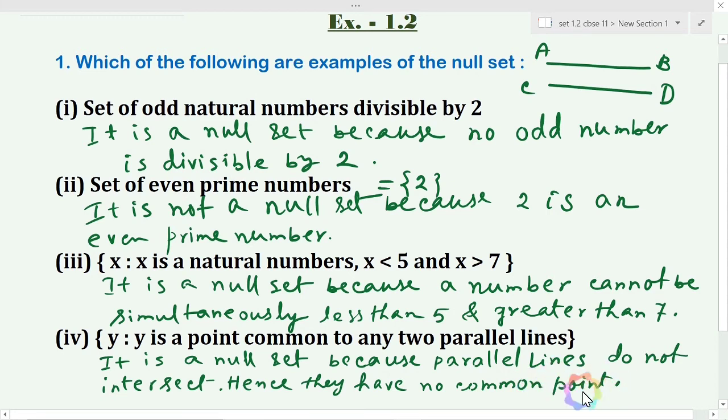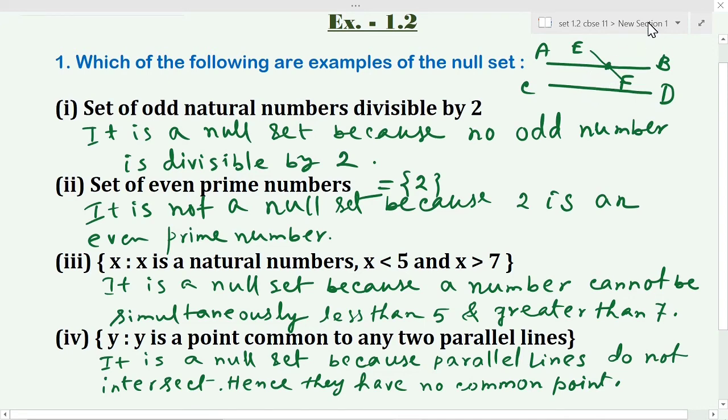Okay, they never intersect, so they have no common point. You get a common point only if we take another line EF. When EF intersects AB, we get the common point. As two parallel lines never intersect, there is no common point.